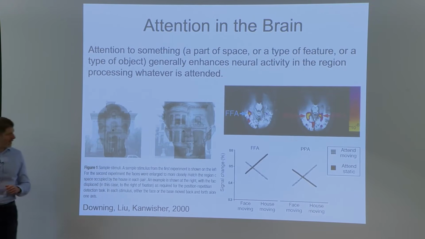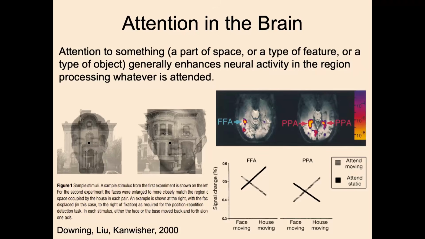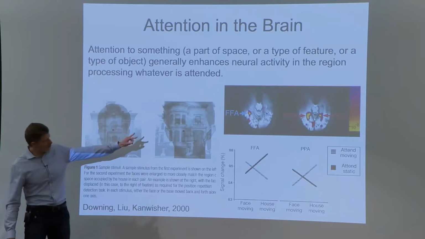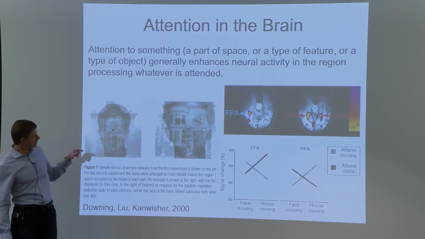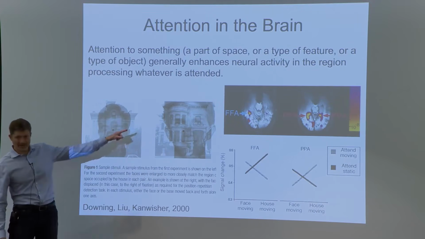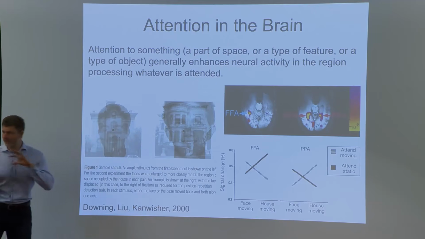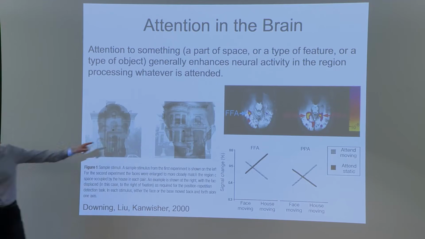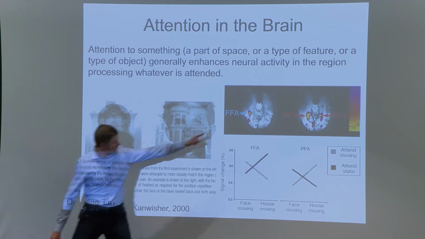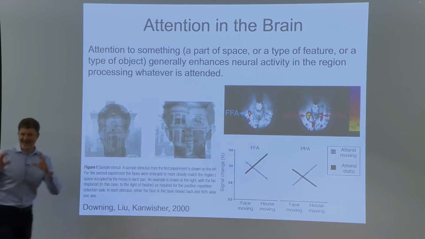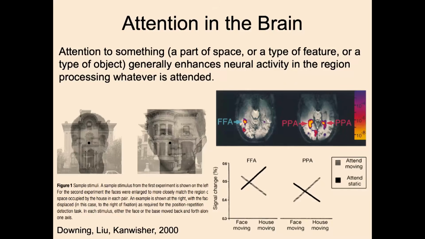These two types of stimuli were chosen because Nancy had identified two brain regions that selectively respond to faces and houses. The fusiform face area responds a lot more to faces than to other stuff. The parahippocampal place area, or PPA, responds a lot more to houses and other landmark-ish things than to other kinds of images. Okay?